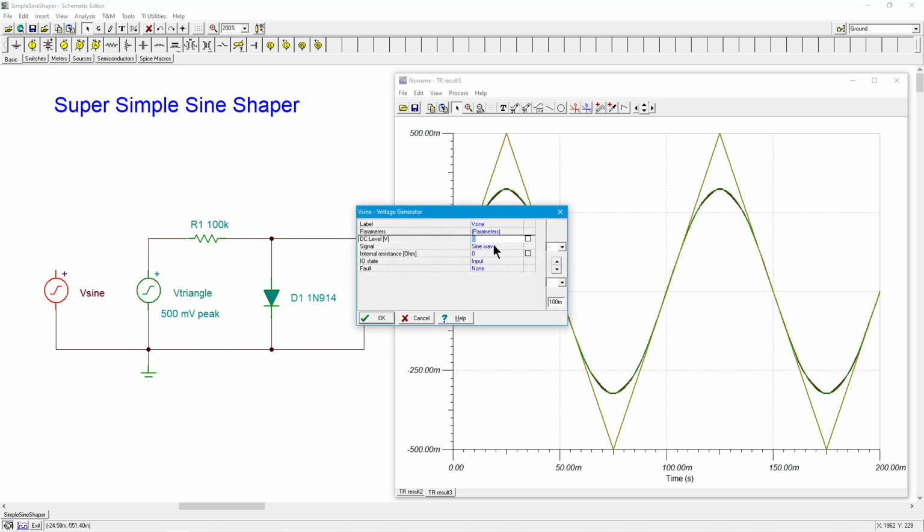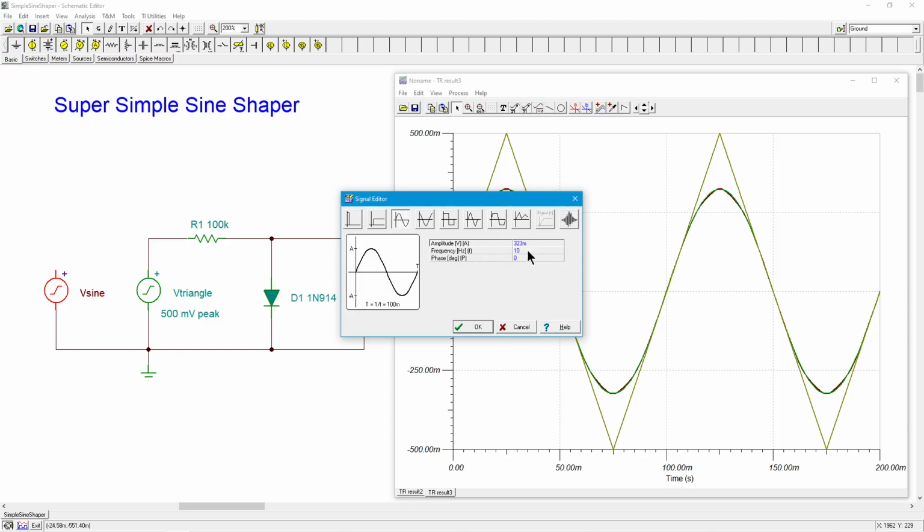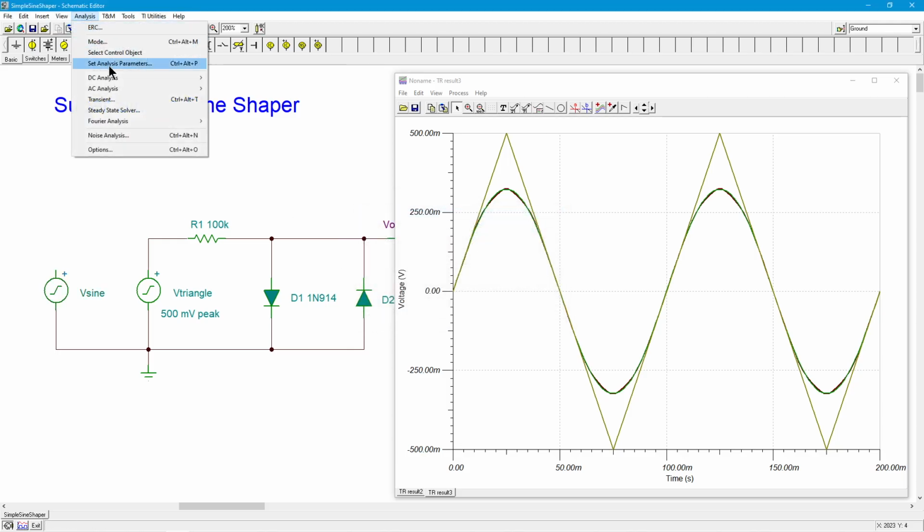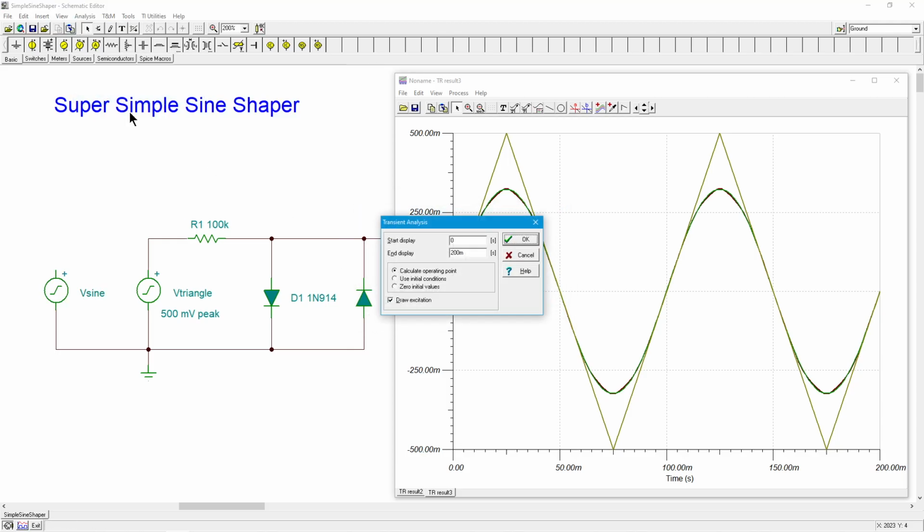Change our sine wave as well. And let's do the transient analysis. Once again, we're going to have to change this. Let's make it 0.2 milliseconds.